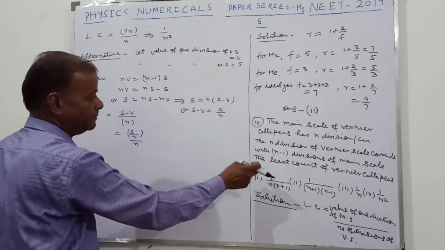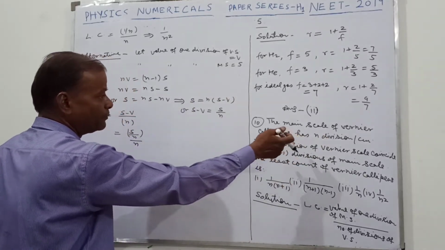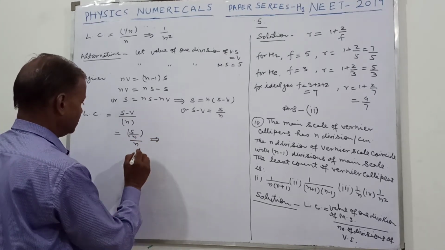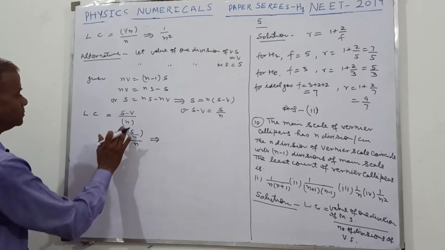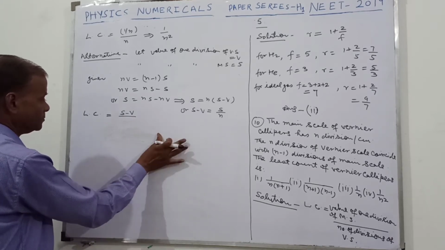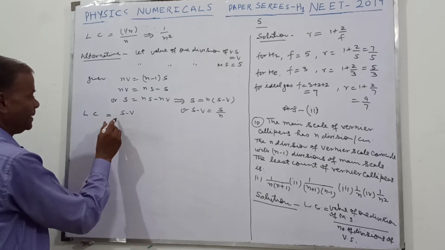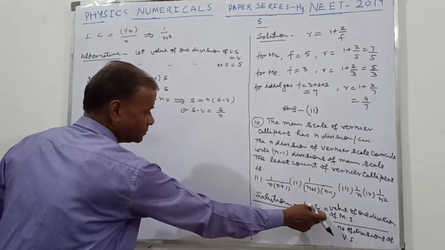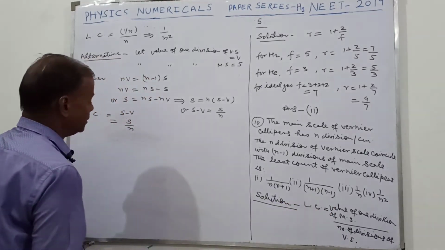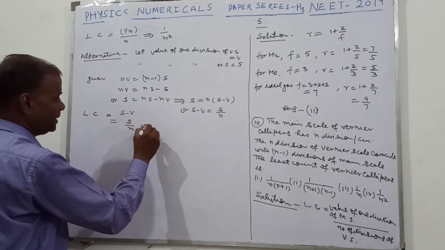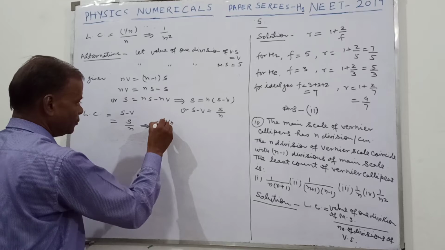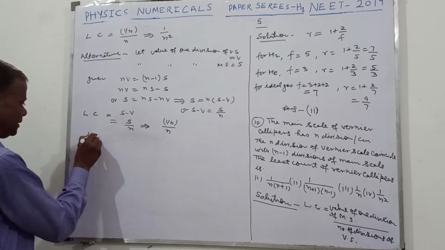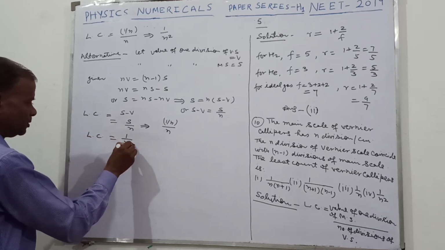The main scale has n divisions per centimeter, so the value of one division is 1 by n. This is again coming to the value of one division of main scale upon the number of divisions. So S is equal to 1 upon n. So the least count is equal to 1 upon n square.